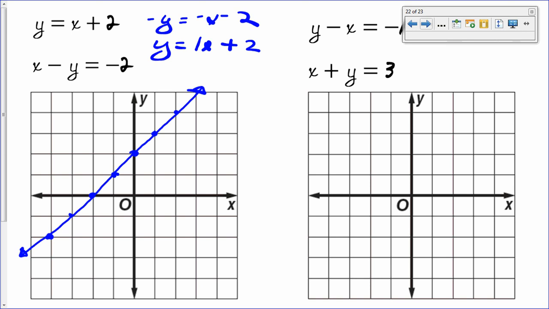Same equation, isn't it? So it's how many solutions? Infinite.